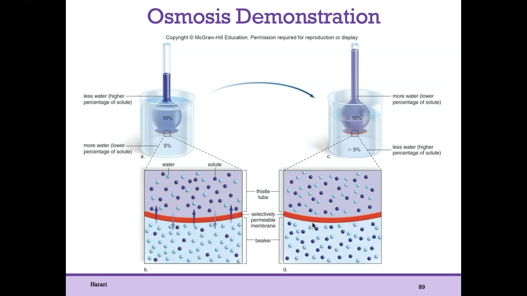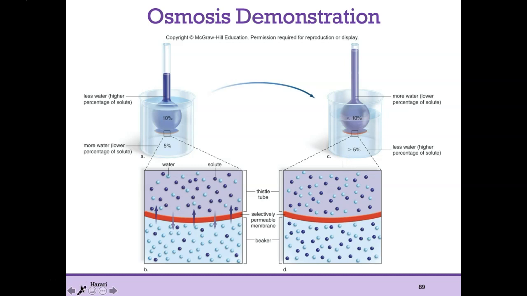What's going to happen over time is that water is going to go where it's more abundant in the beaker to where it's less abundant in the thistle tube. And that's going to cause an increase in volume. So at the end, inside the thistle tube, there's going to be less than 10% dye. And in the beaker, there's going to be more than 5% dye.